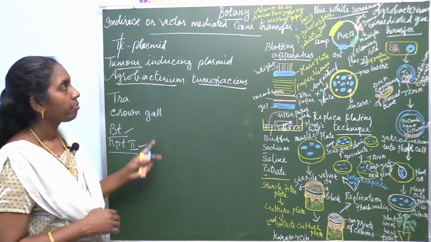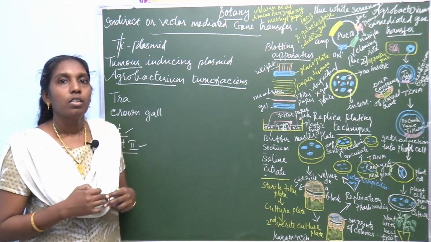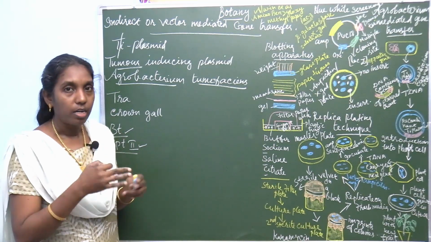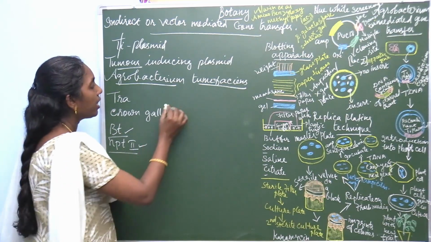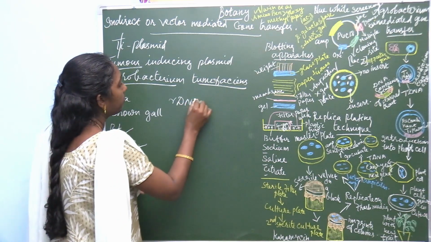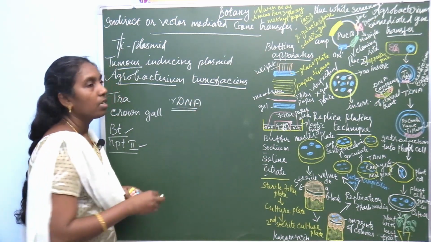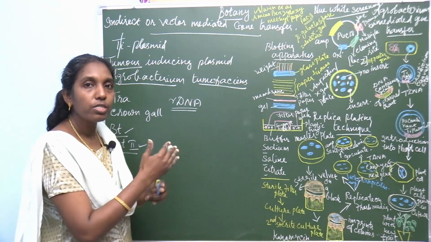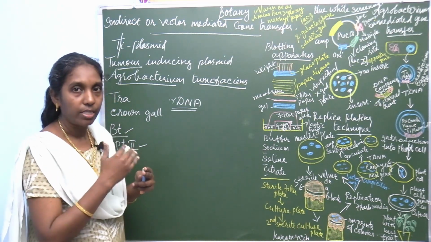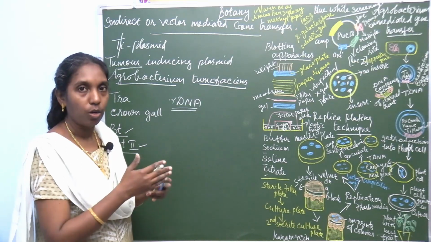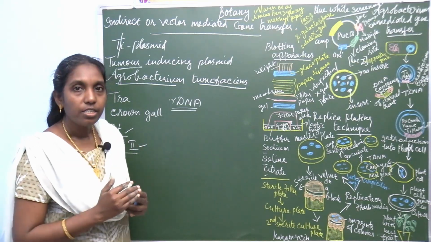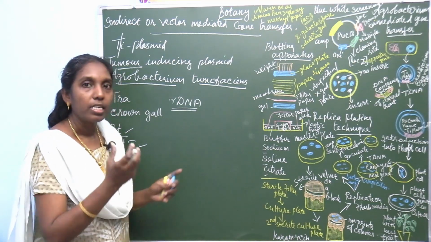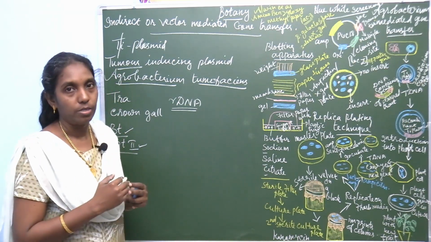Then, after introducing this gene into the rDNA, the recombinant DNA, and introducing it into the vector, plant or host, it is essential to identify whether the rDNA is received by the host.